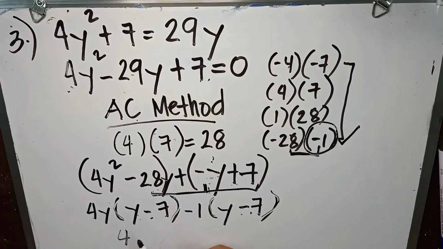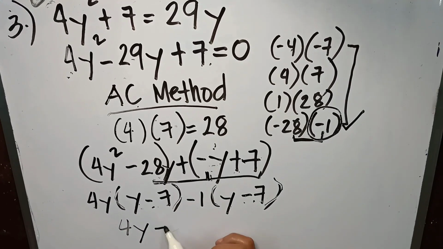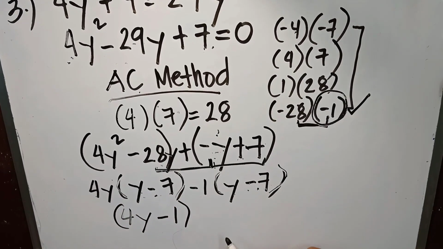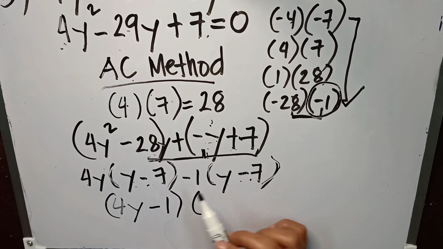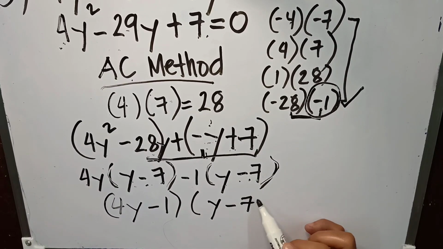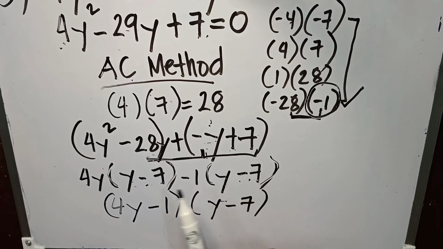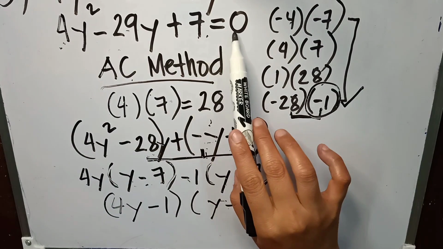We have the factored form 4y minus 1 and y minus 7. We combine the two because they have the same factored form, which is y minus 7. And then, combine 4y minus 7. So, these are the factored form of this equation.